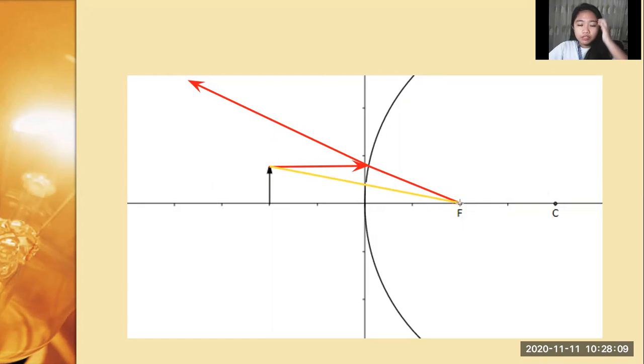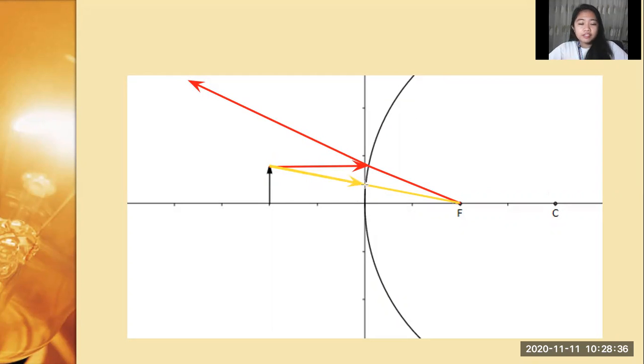So, what we're doing is that we are connecting the tip of the object with F. But in reality, our reflected ray is going to stop here in the mirror. Okay?